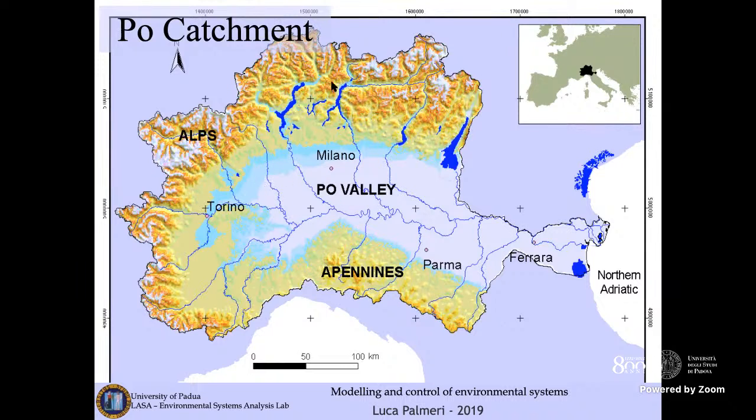Then from this network of surface water bodies, the water is conveyed through the main river pathway.